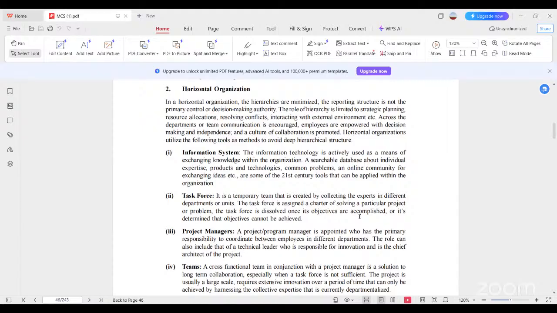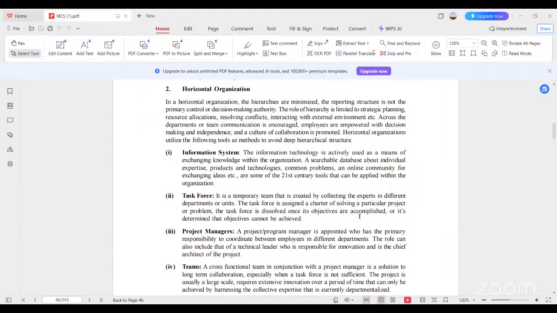So here, what is a task force? A task force is a temporary group formed by bringing experts from different departments just to solve a specific problem or complete a project.